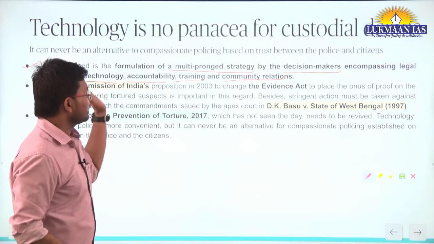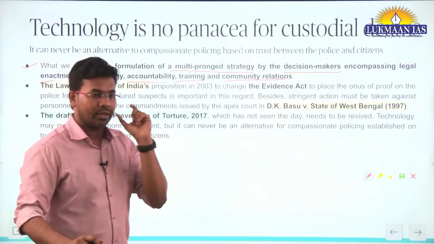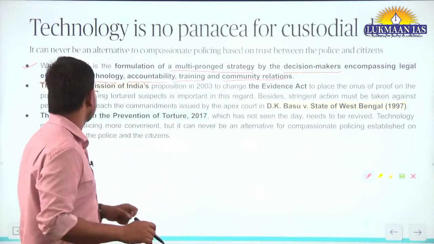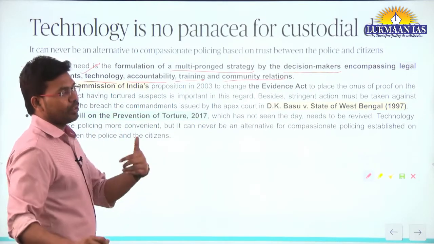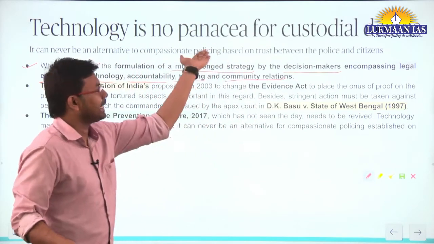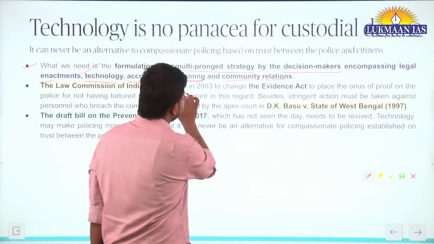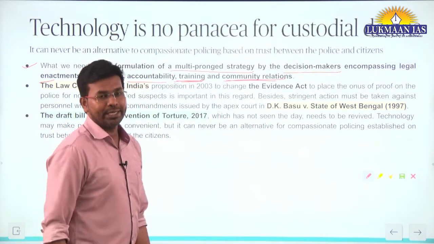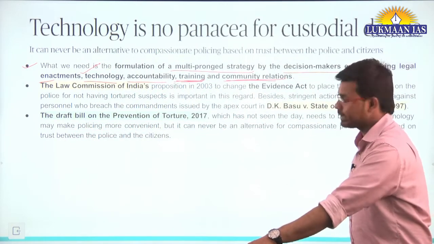That approach should encompass legal enactments, like creating laws and enacting legislation, then adopting technology, making sure that police personnel are accountable for custodial deaths that are happening, training the police personnel sufficiently, and building community relations. So this line summarizes the article.